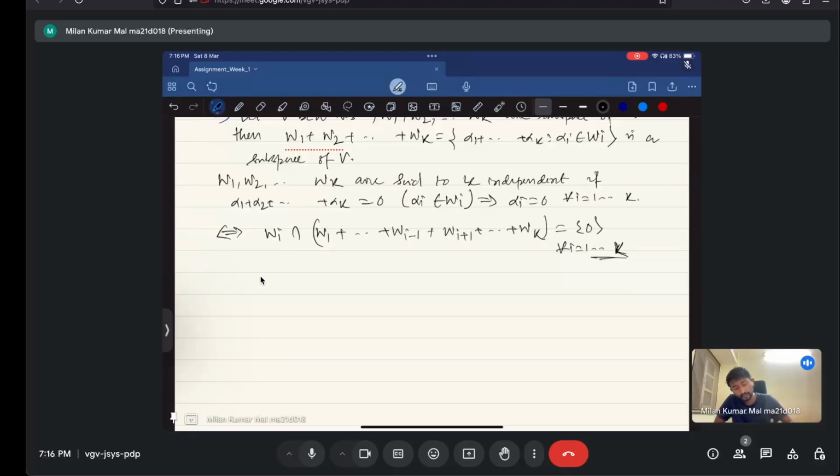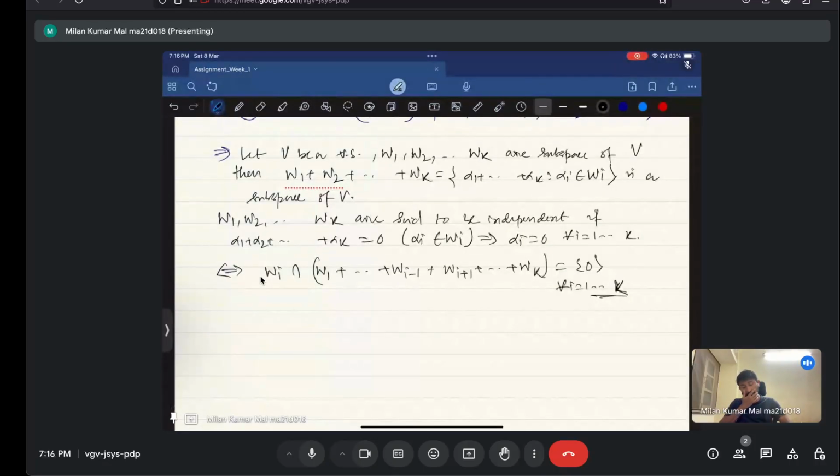So these two facts are the if and only if: alpha 1 plus alpha 2 plus and so on equals 0, alpha i belongs to Wi, implies alpha i equals 0, happens if and only if that intersection is 0. This is called independent.